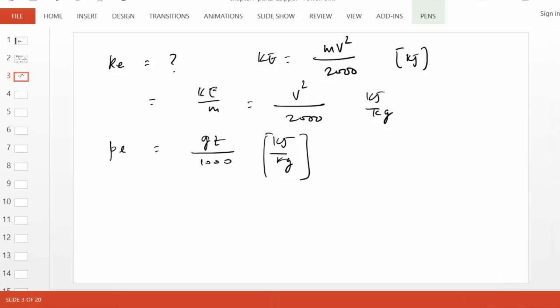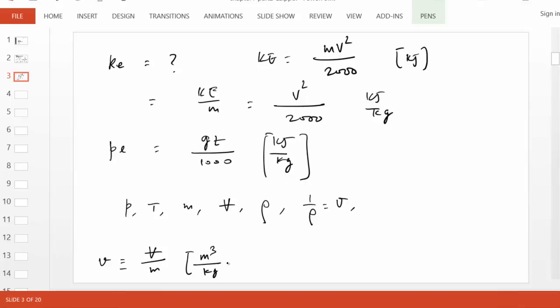Notice already we have quite a few properties that we have come across: pressure, temperature, mass, volume of the system. Everybody knows what density is, of course. We also define specific volume as 1 over density, if you recall. Again, let me formally define: specific volume is defined as volume per unit mass, meter cubed per kg.